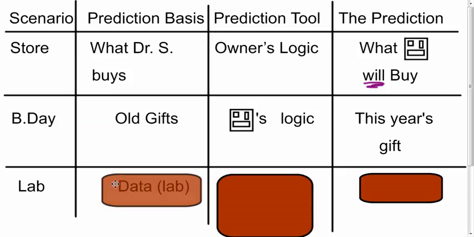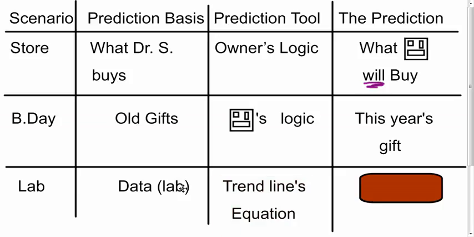In the lab, and this is one we didn't do, you're going to have some data. That data is going to allow you to make a trend line that has an equation, and that is going to allow you to predict a value, a number, a new data point.